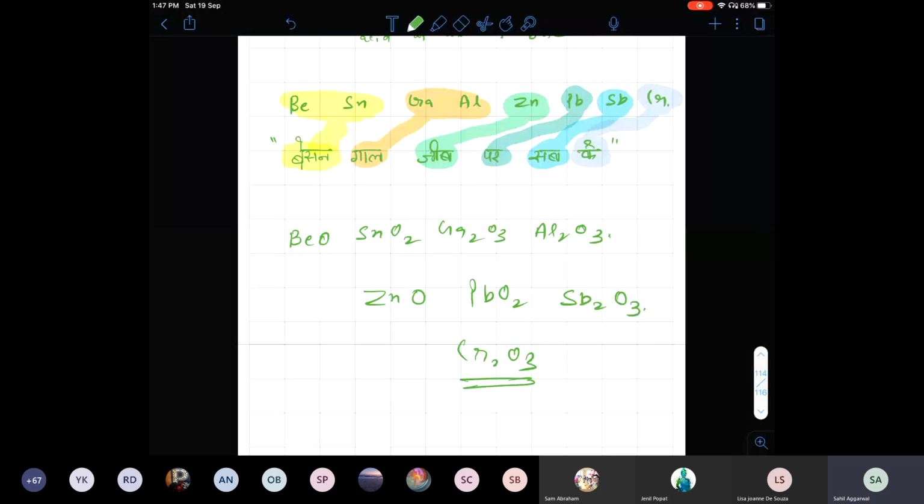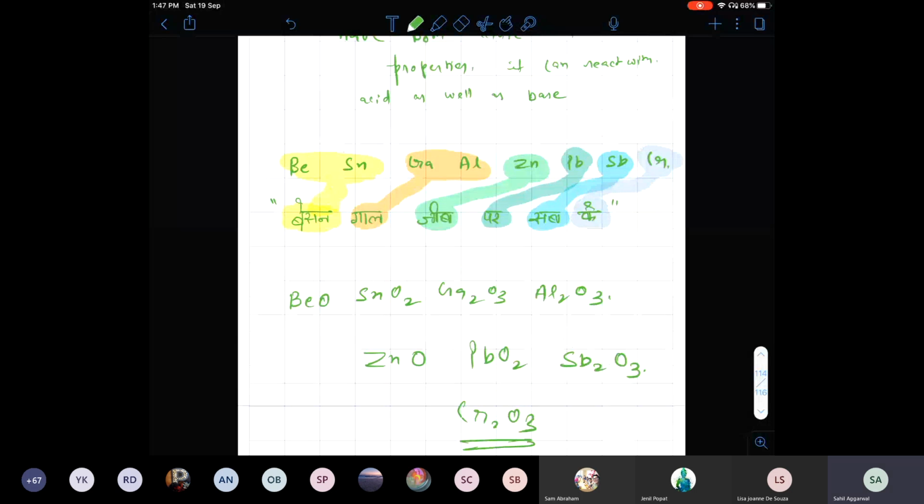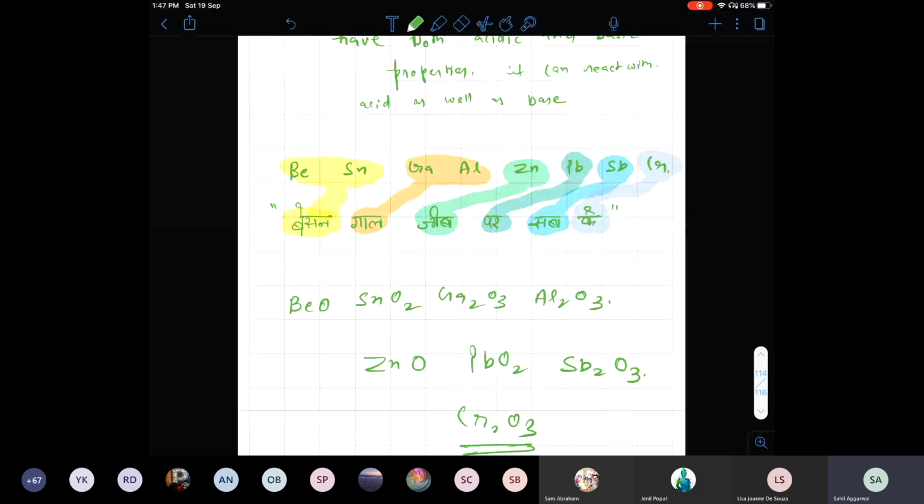Besan is that yellow powder, if you know. Anyhow, if you remember these elements by some other trend, that is also good. It's not compulsory, you can remember it any way. This is one of the trends, so that you can remember which oxides are amphoteric.